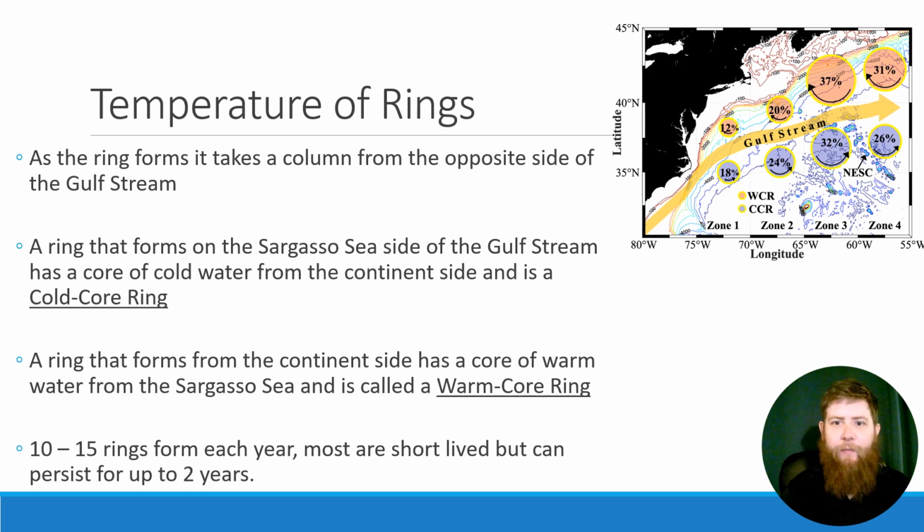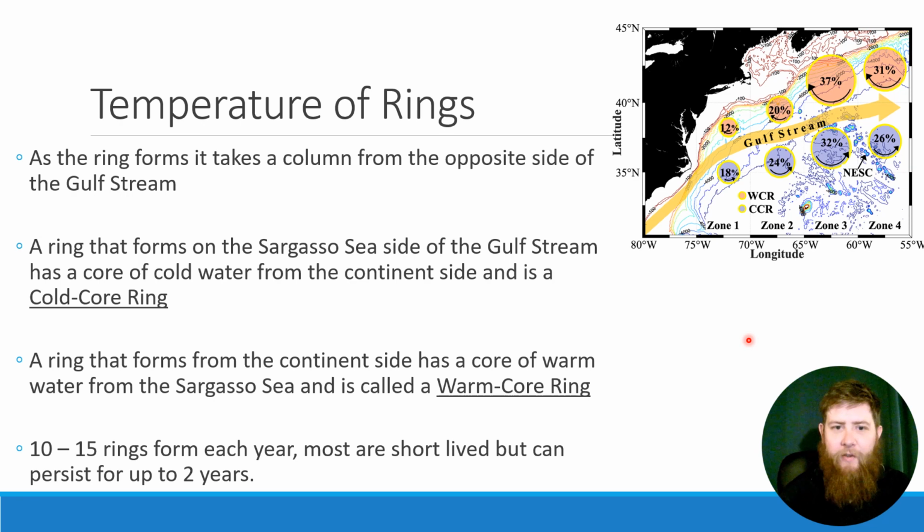As these rings form, they take some of the water and move it away. In this case, it's going to take warm water and move it up towards the continent, towards that colder area. And in this case, it's going to take some of this cold water and move it down.